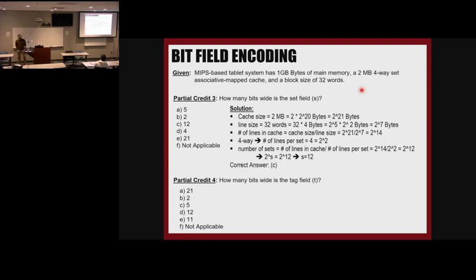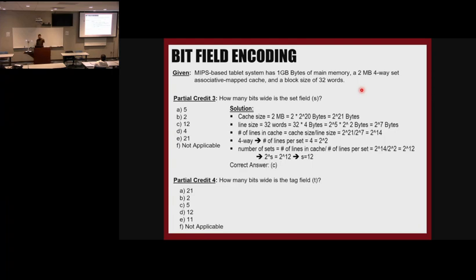Does this make sense? It's a little bit confusing, but not that much really. We just need to pay attention. The common mistake is that we think the set field is about how many lines we have in the set. But something we need to remember is that the lines in the set, we don't even address them. They're flexible. That's the whole idea of a set associative cache.